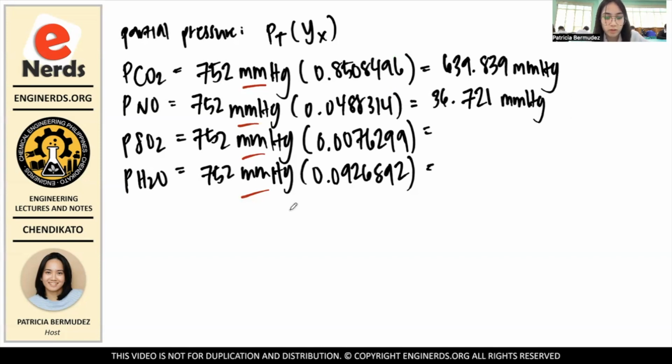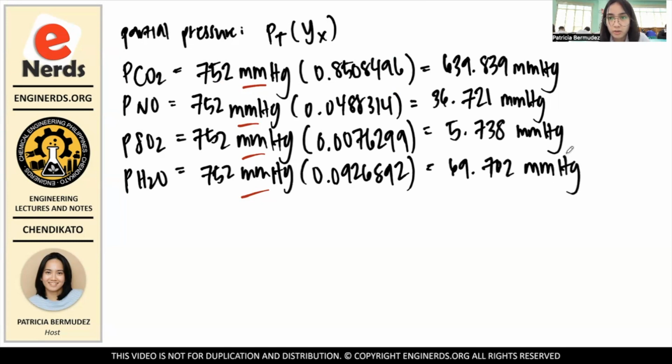And then for sulfur dioxide, we have 5.738 millimeter mercury. And finally, for water, we have 69.702 millimeter mercury. And if you really want to check if your answer is correct, all of these should add up to the total pressure inside the sample.